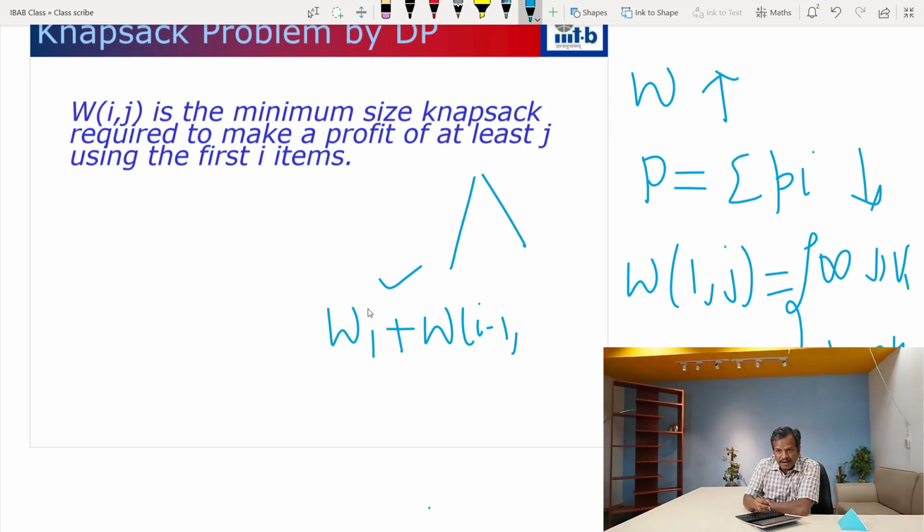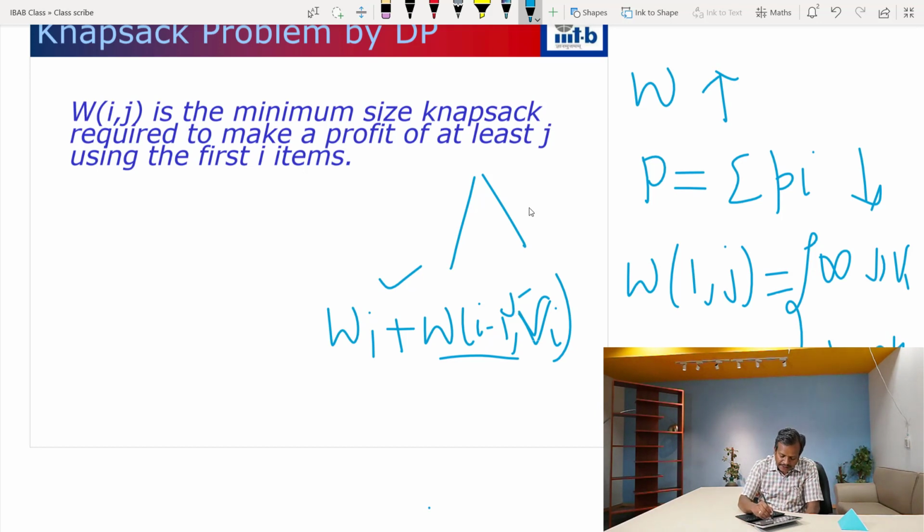So this is not W1, this is Wi. So in the rest of the iterations, I have to make a profit of j minus v of i.